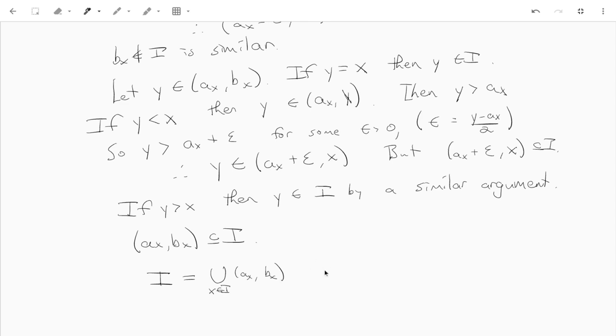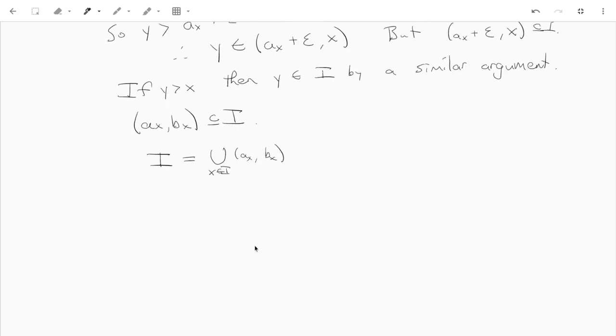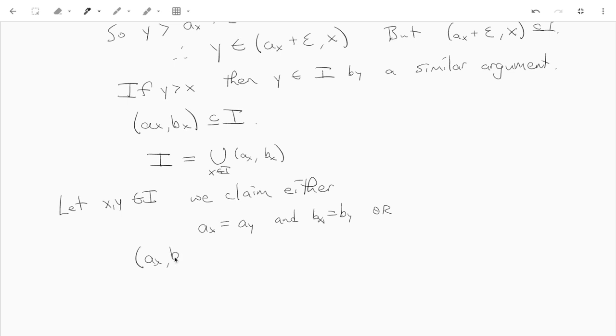Okay, now we claim, so let x and y be in I. We claim either ax equals ay and bx equals by, or their intersection is empty.